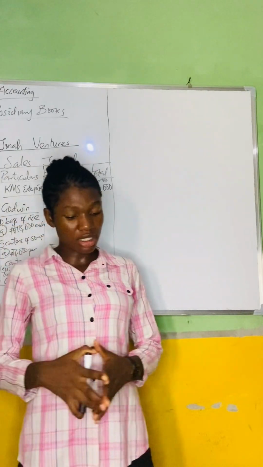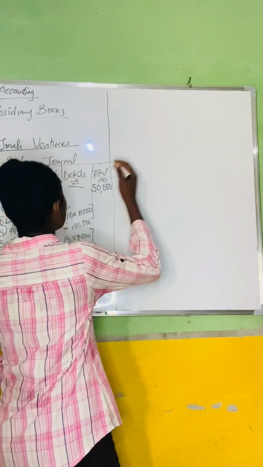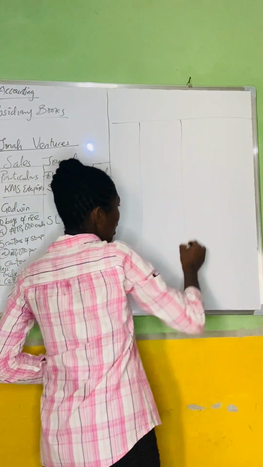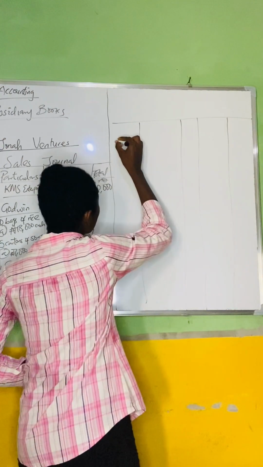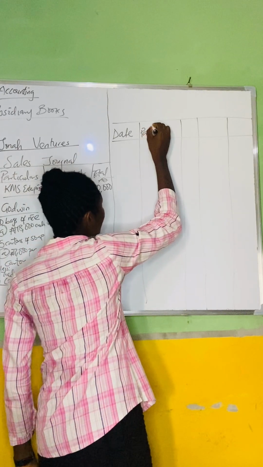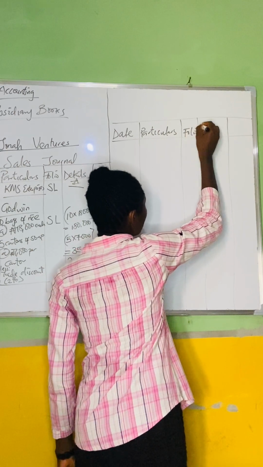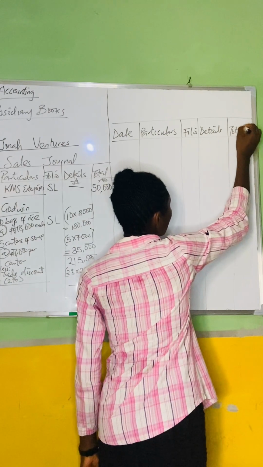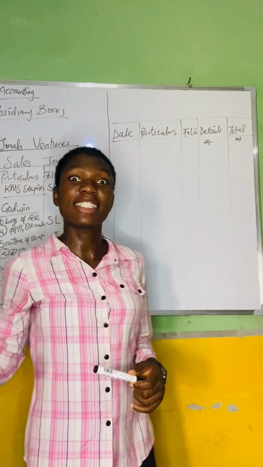For our next transaction, we are having the 15th of July. We're going to be moving with the same format: our date, our particulars, folio, our details, and then our total. We must carry our money value, in this case a naira sign.